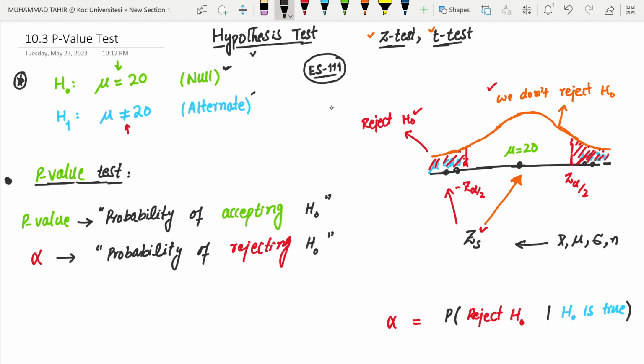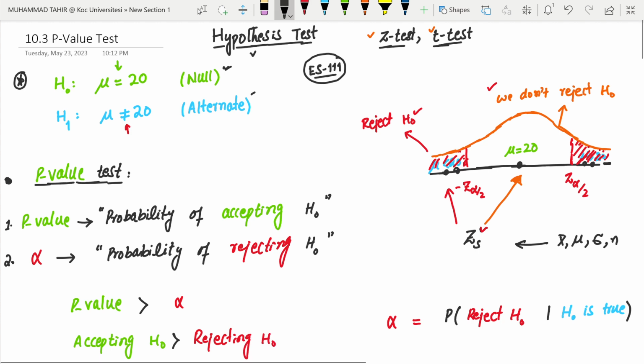So these are two steps we actually perform in p-value test. In p-value test, what we do is compare p-value with alpha. For example, if p-value is larger than alpha, you can think that the probability of accepting H0 is greater than rejecting H0, right?